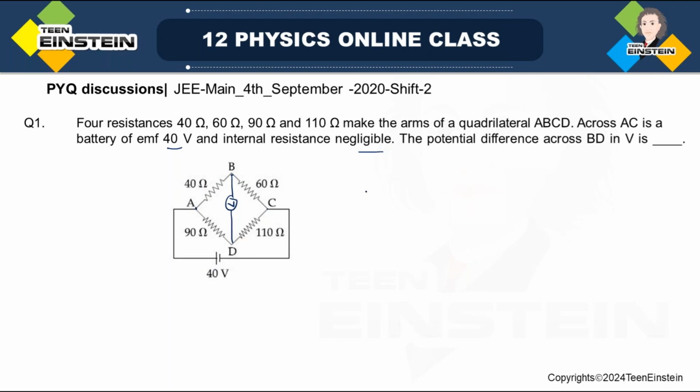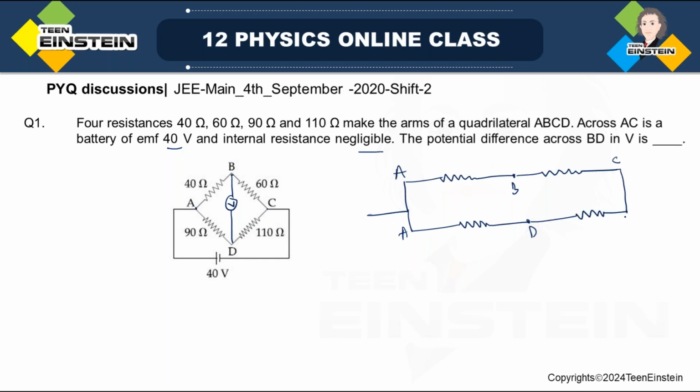If I just stretch out these two arms, this is point B, this is point C, this is A, and further on this side this point is D. A and C are common, and this is connected to a battery of 40 volt.